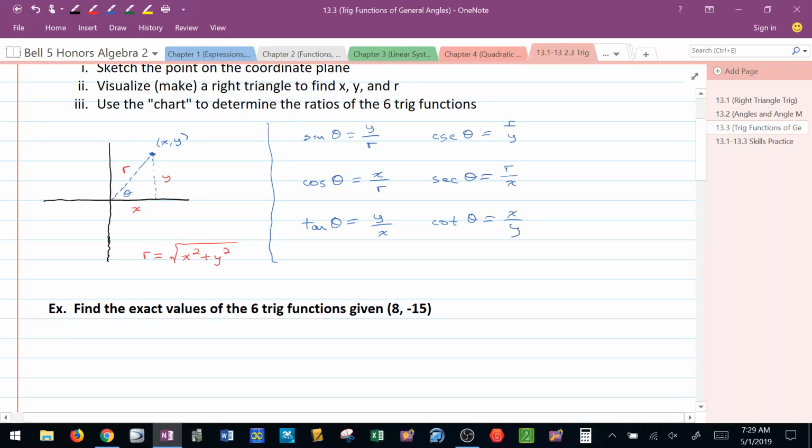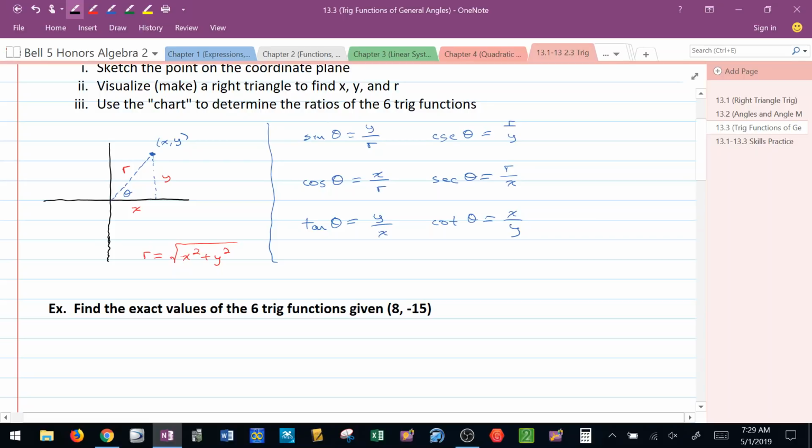This part that I have sketched here is a description of everything that we're going to be using in order to do these problems. You can see I was given the point X, Y. I graphed it. If I look at a line from the center to that point, that creates the radius of this particular circle.